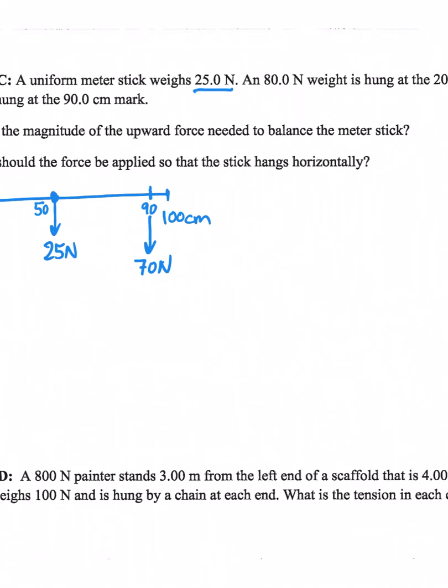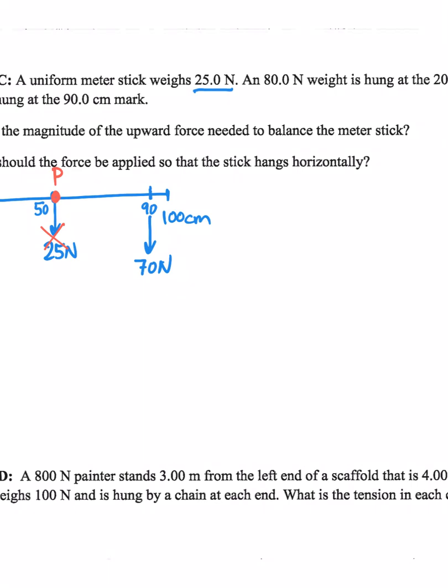Now it wants to know what is the magnitude of the upward force needed to balance the meter stick. So the first thing is, is this thing in balance? It's not, is it? So where would you like to pick the pivot to be? Okay, good. We're going to pick our pivot to be right here. We'll put P for pivot. That means we do not need to include this in our calculations, do we?